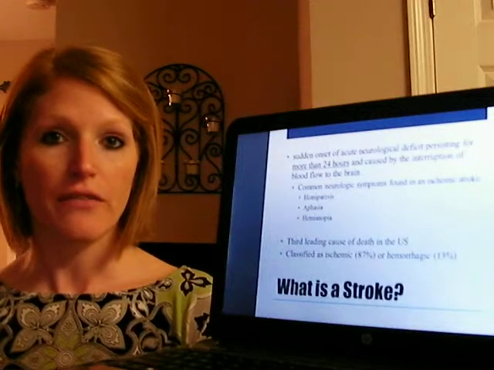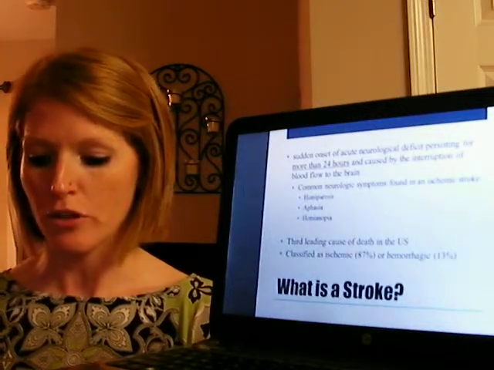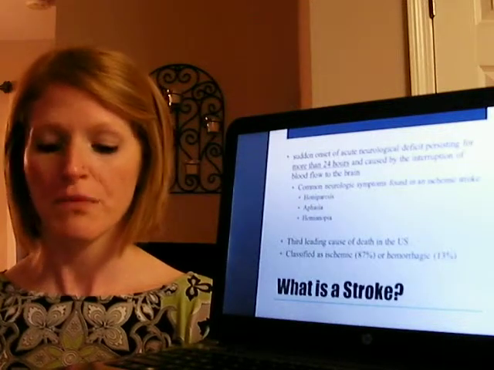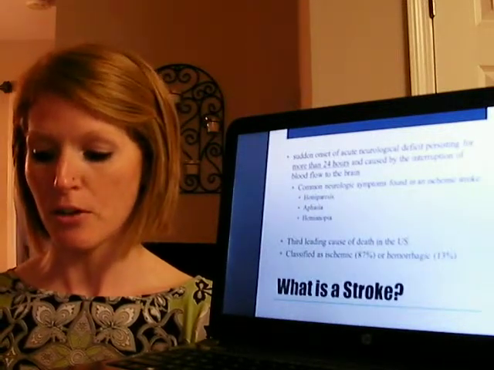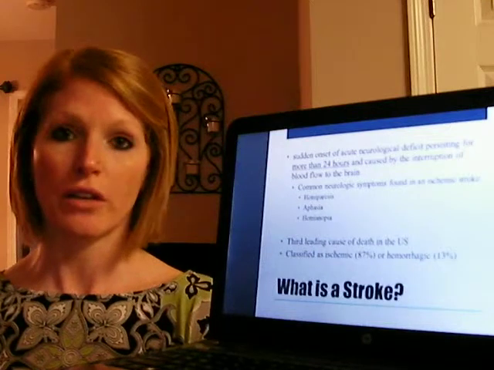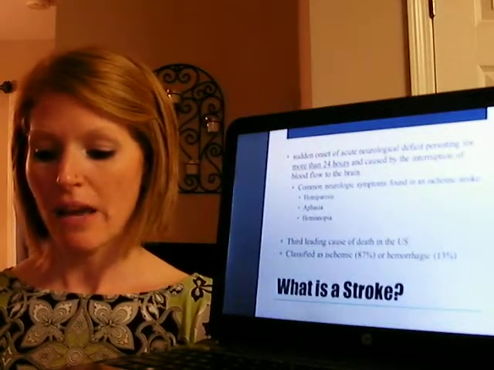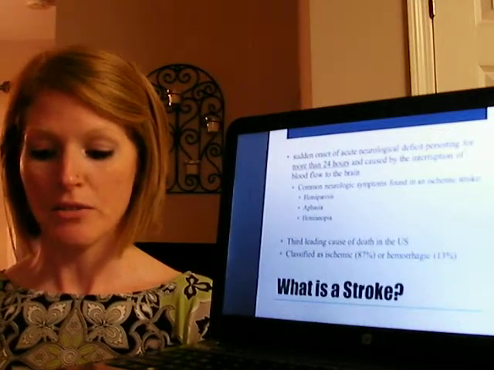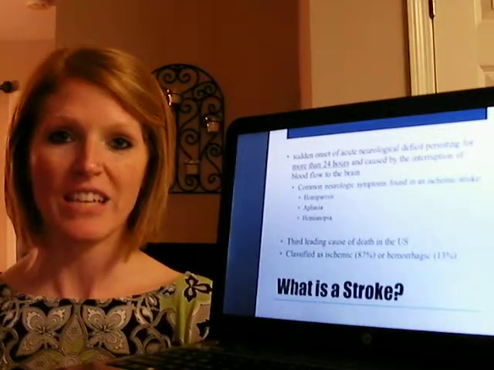Also, there is aphasia. That is a common symptom with strokes. This is a condition characterized by either partial or total loss of the ability to communicate verbally or using written words. A person with aphasia may have difficulty speaking, reading, writing, or recognizing the name of objects or understanding what other people have said.